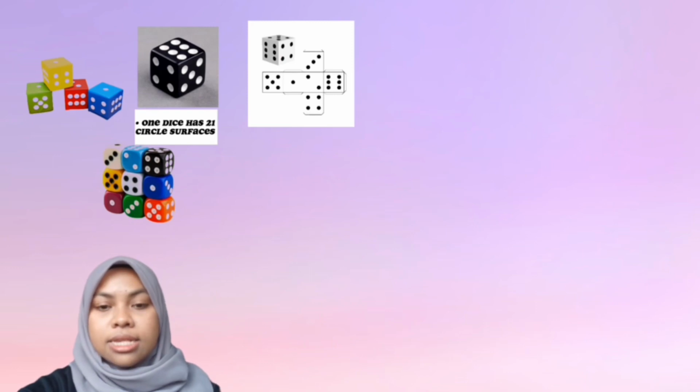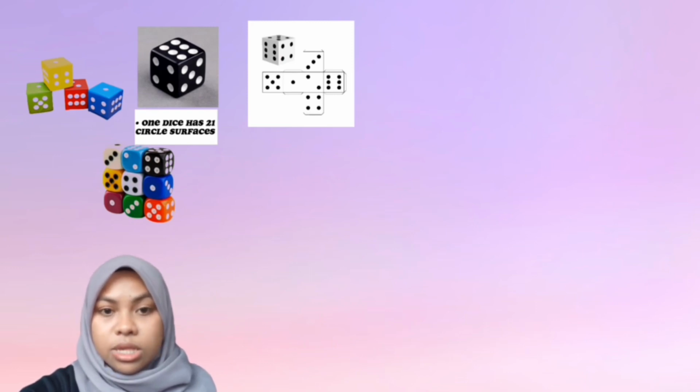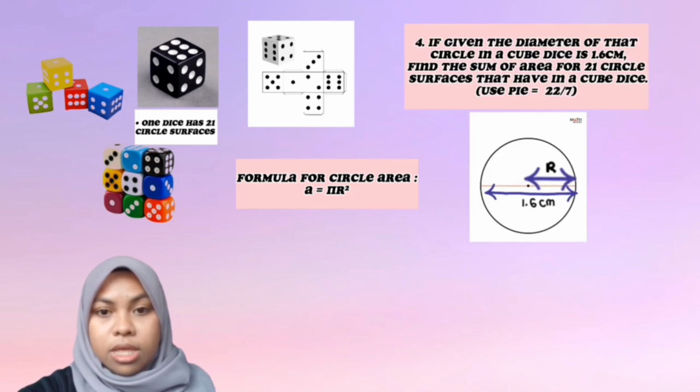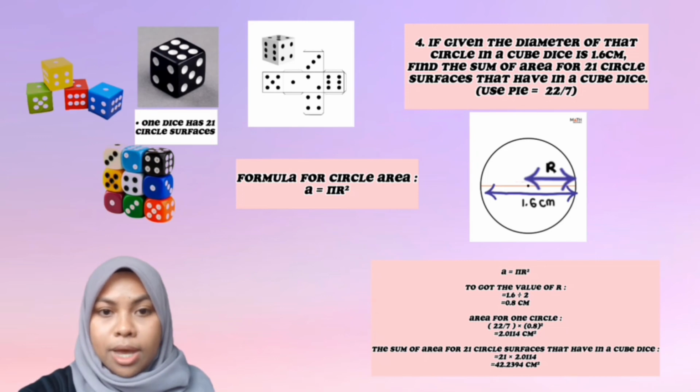One dice has 21 circle surfaces, so the formula for a circle area is A equals pi r squared. If given the diameter of the circle in a cube dice is 1.6 cm, find the sum of area for the 21 circle surfaces that are in a cube dice. Use pi 22/7. A equals pi r squared.